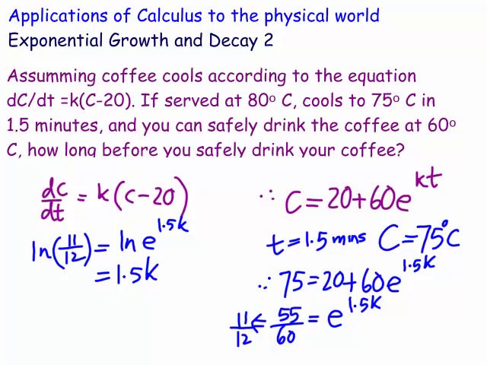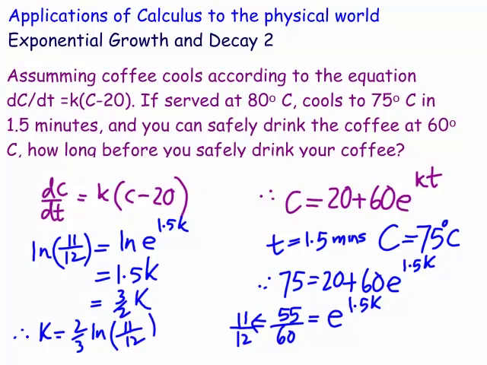Then we divide by 1.5. Actually, let's rewrite 1.5 as 3 on 2. Therefore, k is 2/3 of ln 11 on 12.